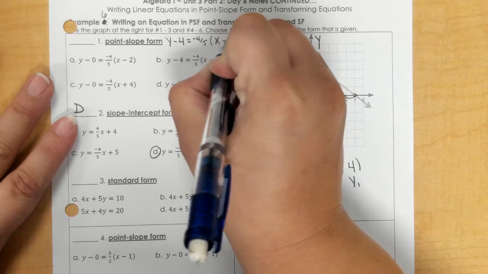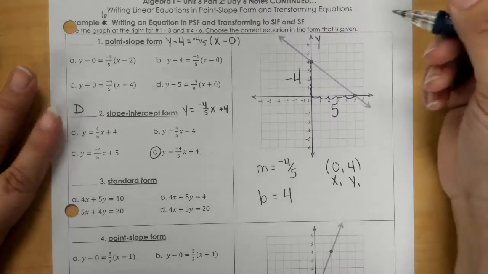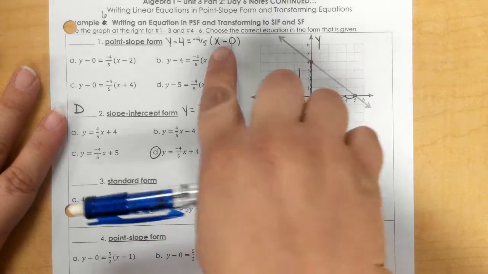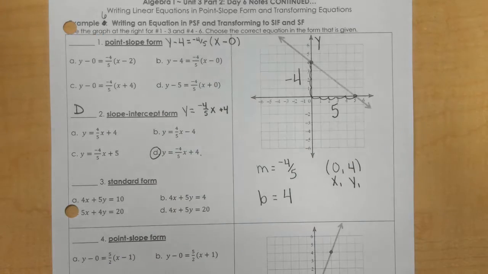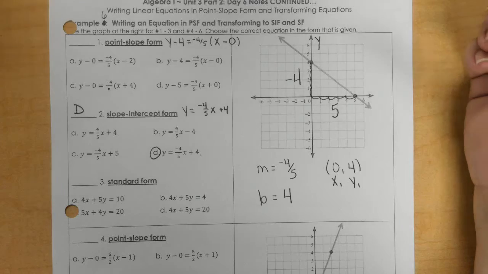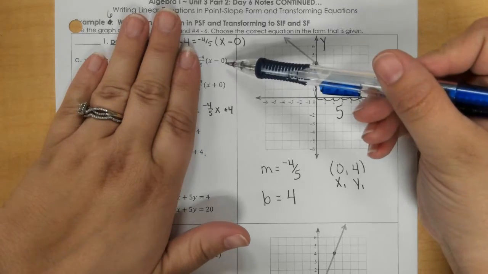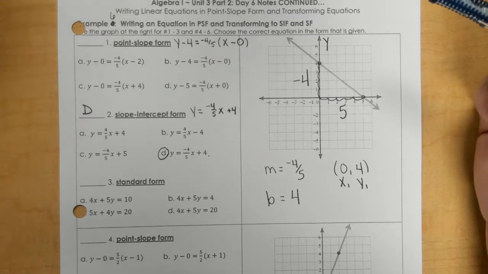Then I have x minus x1. x1 was 0. Now, this can be kind of controversial. 0 is neutral. It's not positive, it's not negative, it's just nothing. So you could put -0 or +0. Either one is correct. You can see here, we use both, the plus and the -0. It honestly does not matter.